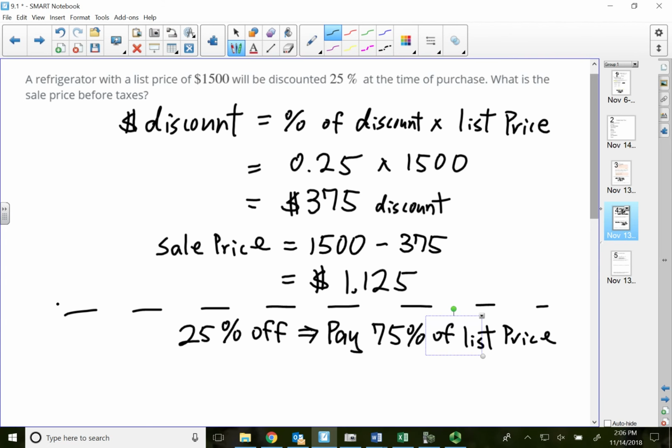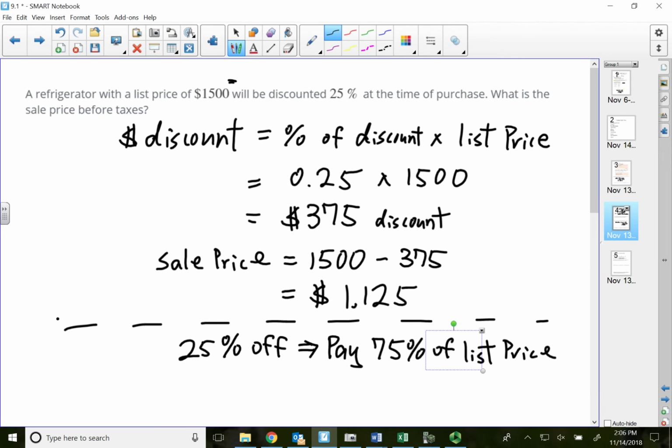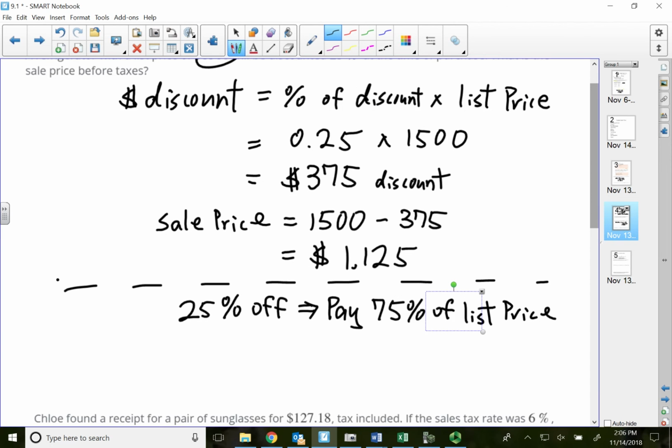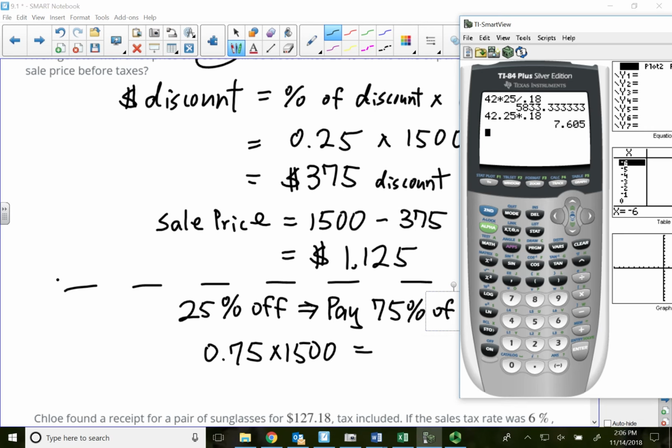So if I still need to pay 75% of the $1,500, then what would I be paying before taxes? So that will be 75% times 1,500, and that will give me exactly the same answer. So if I do 0.75 times 1,500, that will tell me that it's going to be 1125.